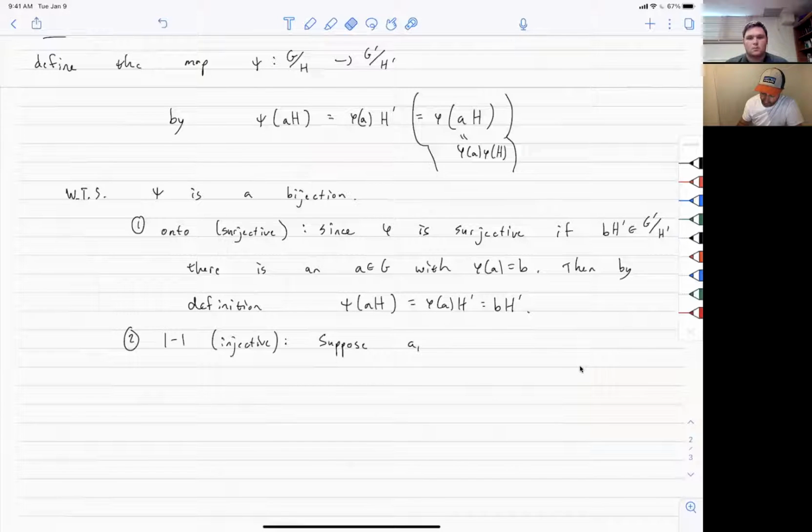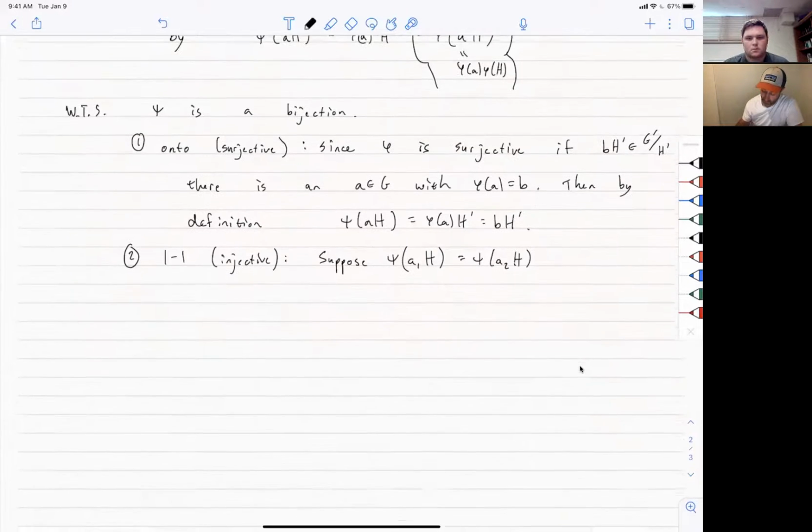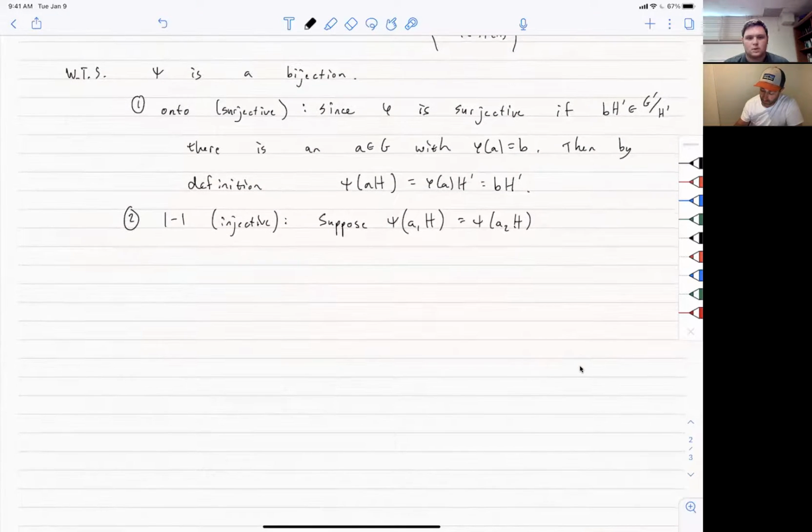I'll use psi, but maybe you could just use phi. Then phi of A1 H prime equals phi of A2 H prime.